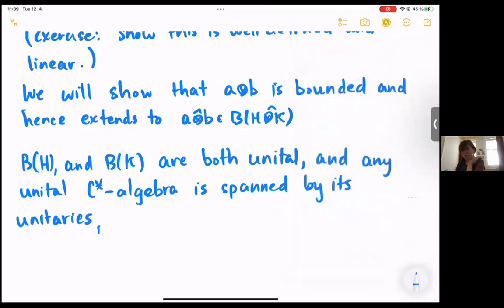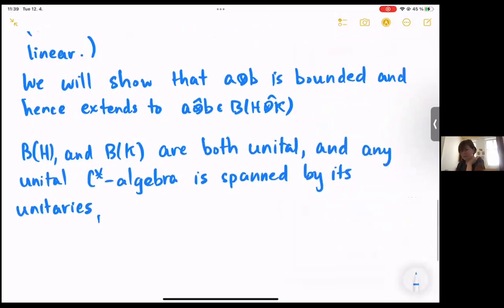So it's enough to assume that both A and B are unitary operators. Since if we can extend any unitary operator of this form, then we write our element as the sum of unitaries, and it will also be bounded and it will extend.